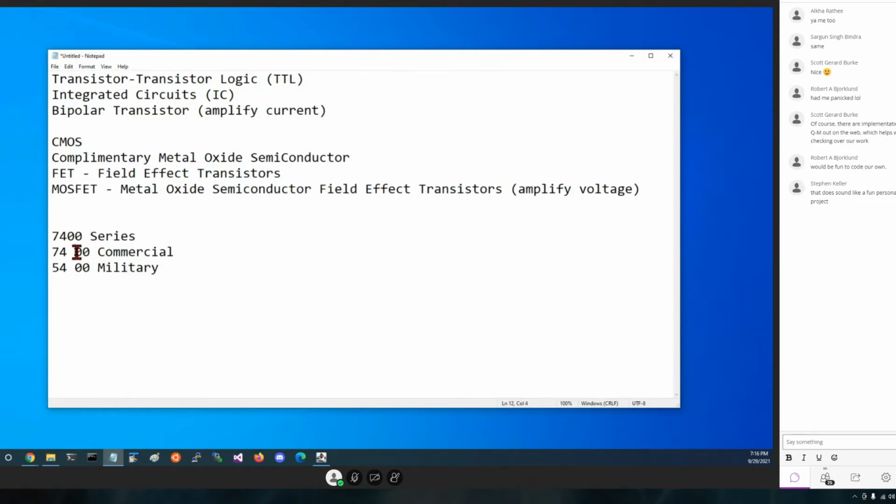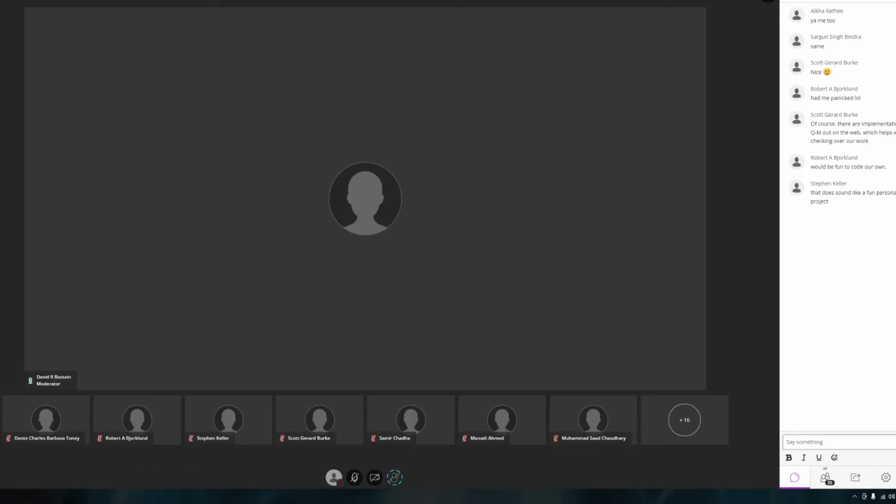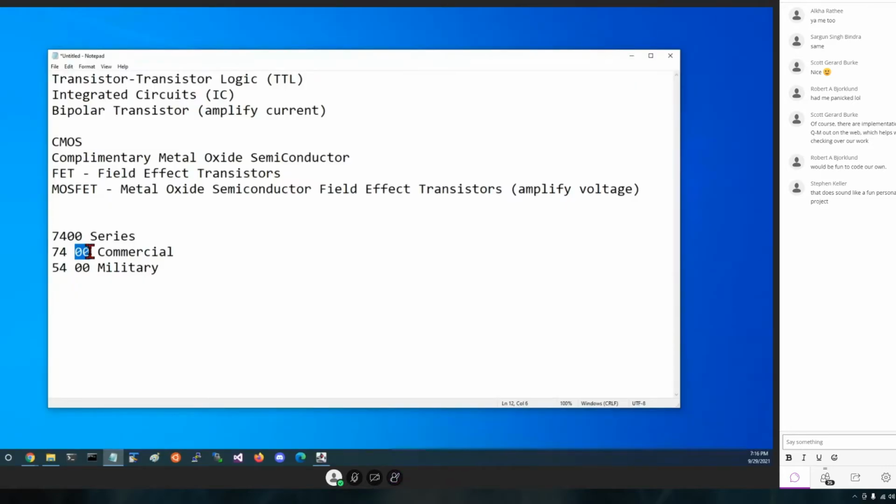The other thing is that the number that's here basically tells us what type of integrated circuit it is in the TTL family. And depending on what the number is, for example, 7400 is a NAND gate.